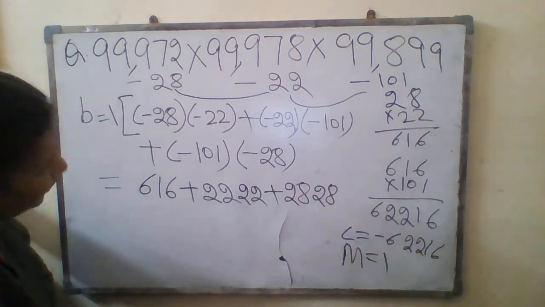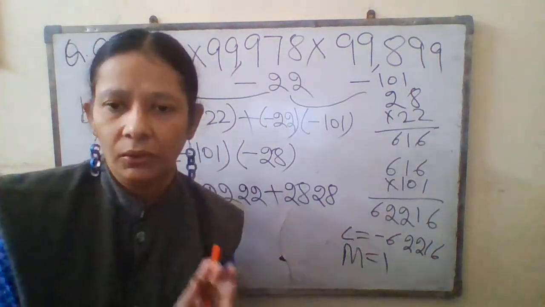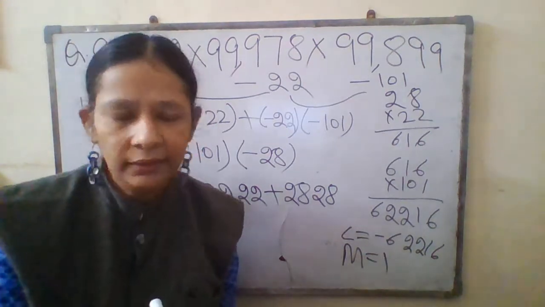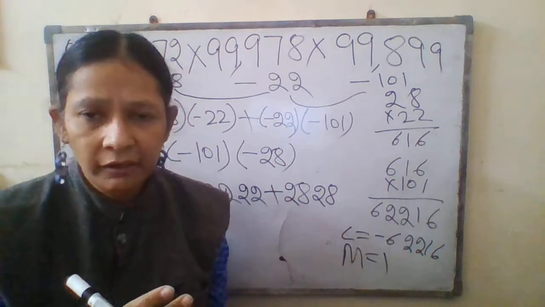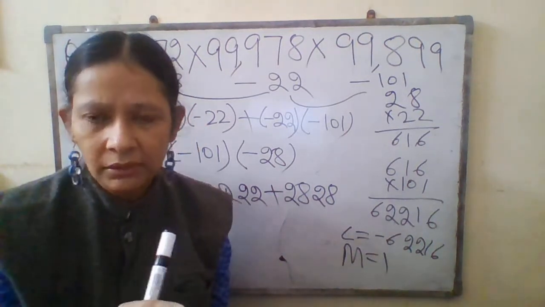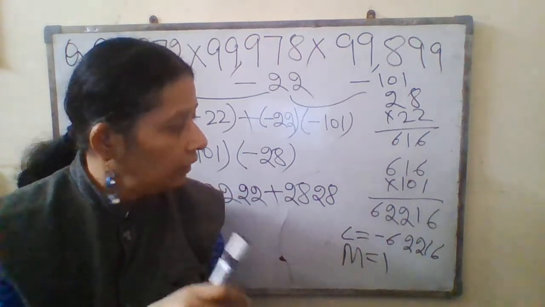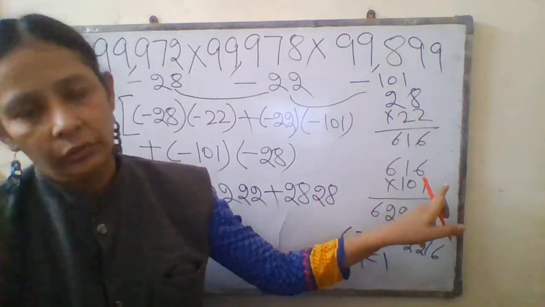You look at this question. This is not at all difficult. Only the thing is, I have used so many tricks. I have used the multiplication of a 2-digit number by 101, multiplication of a 3-digit number by 101, and one other trick, 28 multiplied by 22.